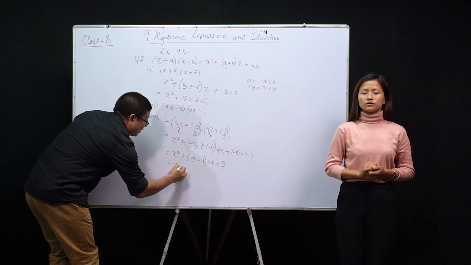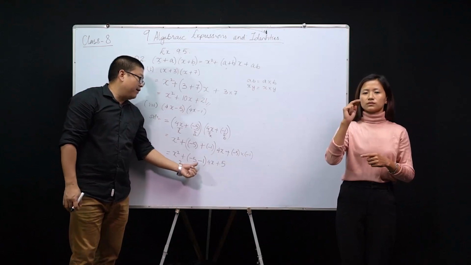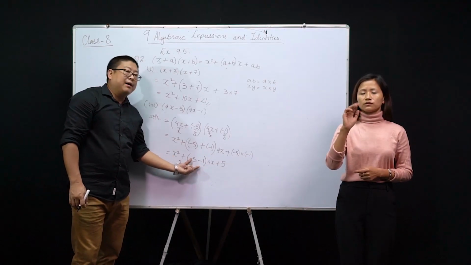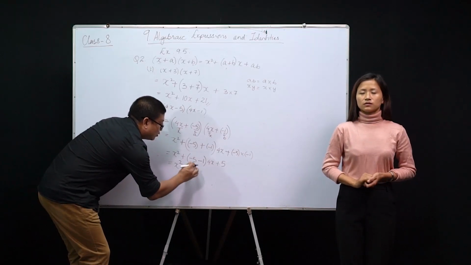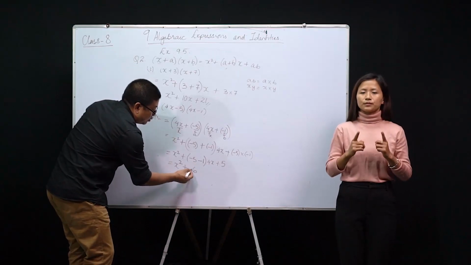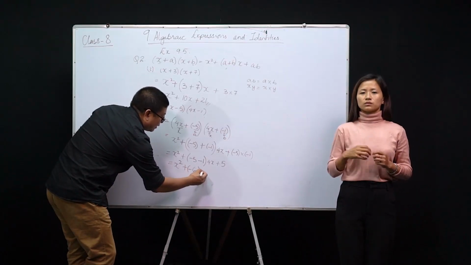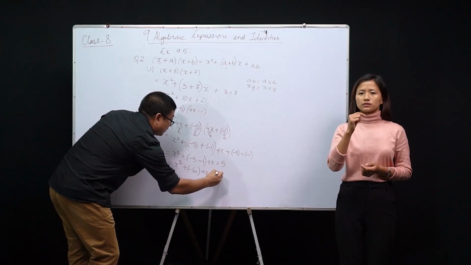So finally, x squared plus minus 5 minus 1. Both are minus, so you have to add them, right? So you're going to add it, so 5 plus 1 is 6. But both are minus, so you will write a minus sign in this manner. And 4x plus 5.